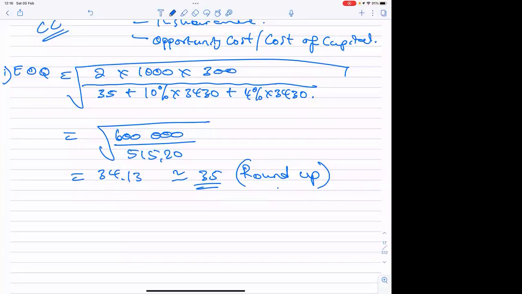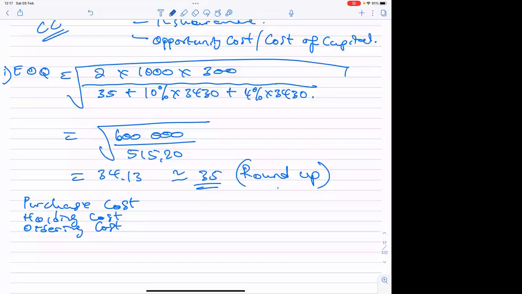Remember our inventory cost, we said it is 3 items: the purchase cost, the holding cost, and the ordering cost. So if every year we order 35 units from our supplier, what we are simply saying is that this is the level of inventory at which we minimize our inventory cost.